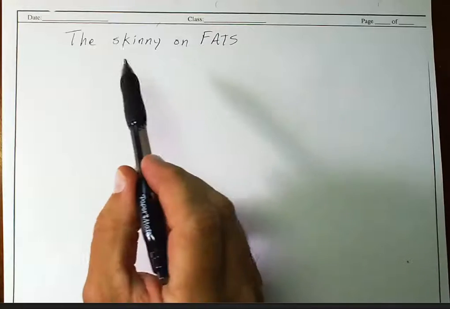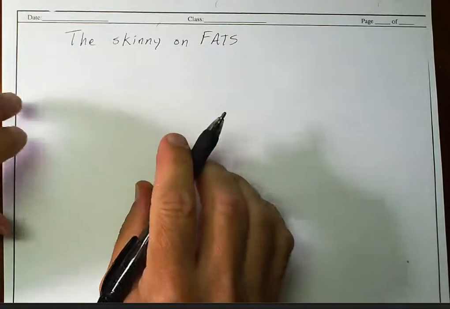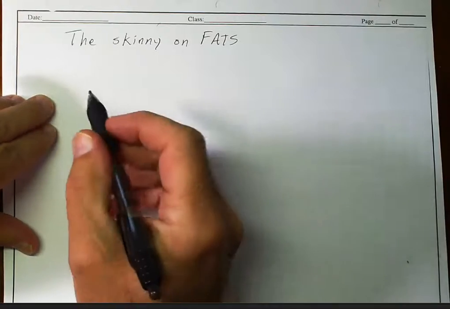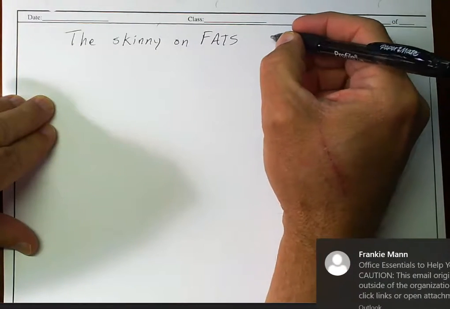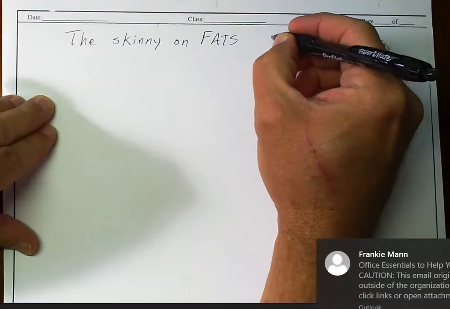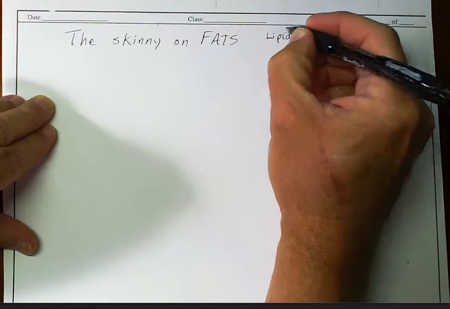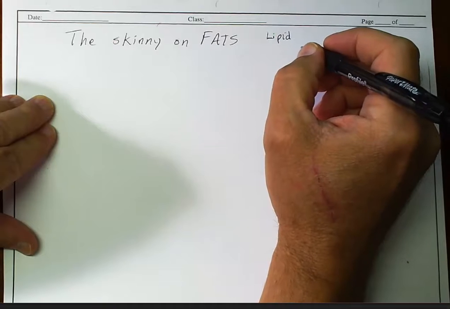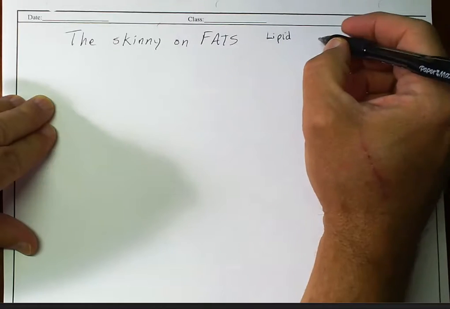Alright, so I'm going to call this the skinny on fats. You have to have a cute name for anything these days, so that's what I'm going to go with. Let me say this. Another word that you hear is lipid. And I'll say it this way. All fats are lipids.